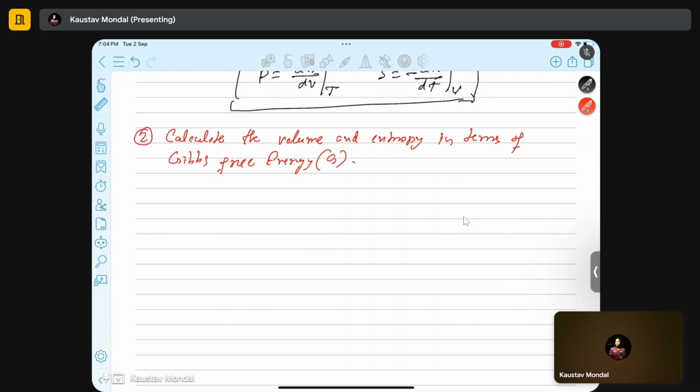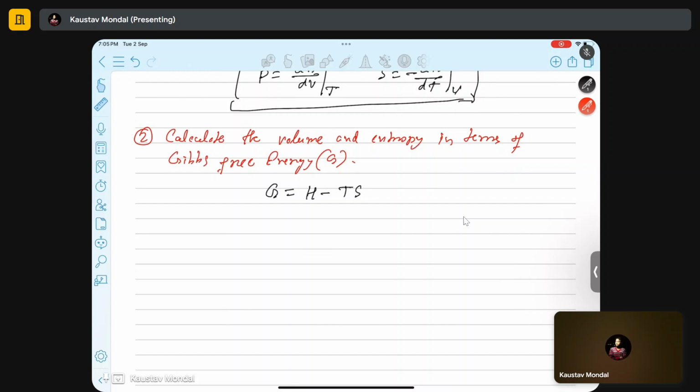The same strategy will be used here also. First, write the Gibbs free energy in terms of the known potentials whose expressions you already know. G would be simply equal to H minus TS, where H is the enthalpy.